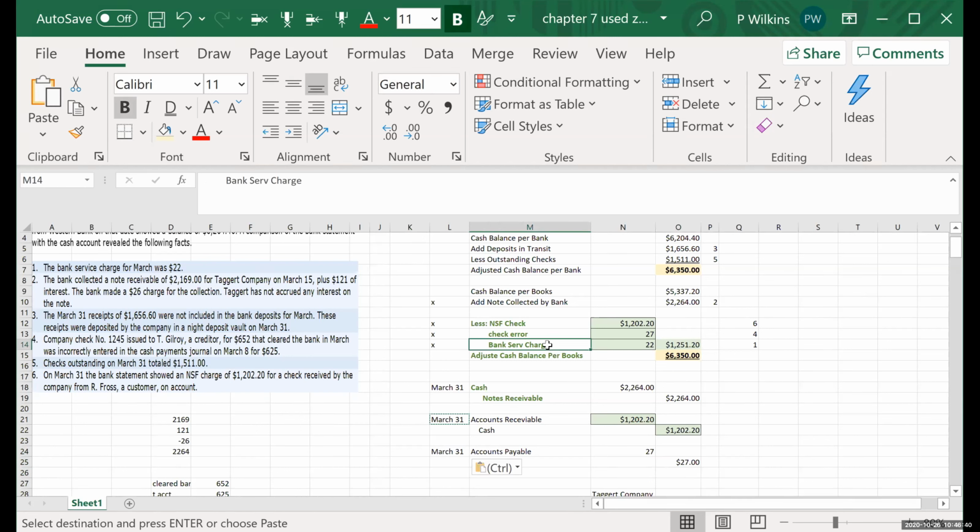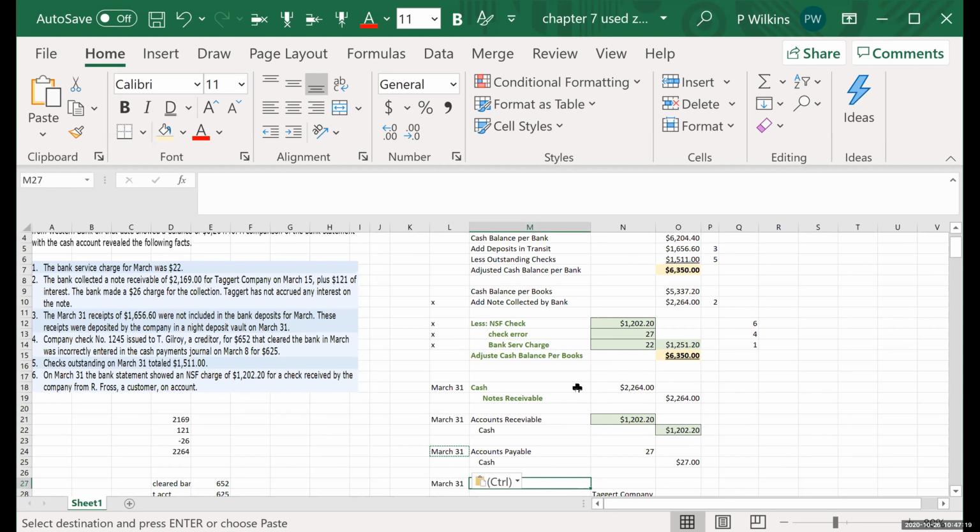And then we have the bank service charge of $22. No, it's not. And I'll tell you why it's not. Because we have this service charge of $22, right? So let's do that first, okay? And then I'll tell you why that's not just it.